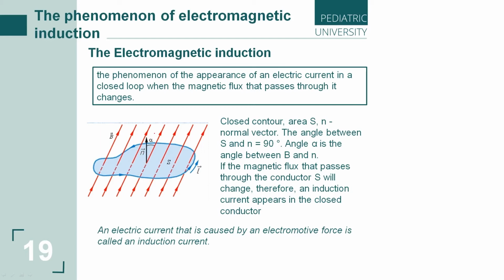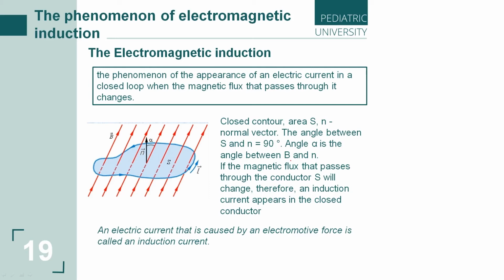And the angle between area S and the normal vector is 90 degrees. Don't forget this angle between S and the normal vector. And what about angle alpha in this example? Angle alpha is the angle between vector B and the normal vector N.